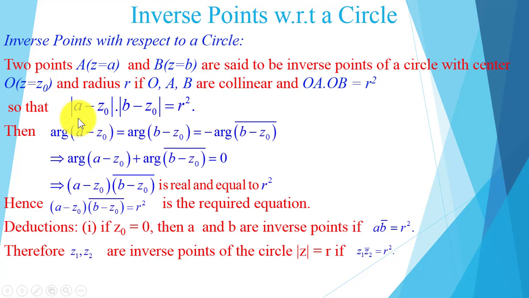So that modulus of (A minus z naught) times modulus of (B minus z naught) is equal to R square.